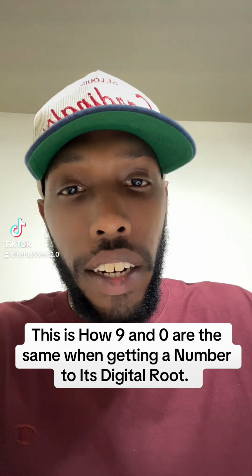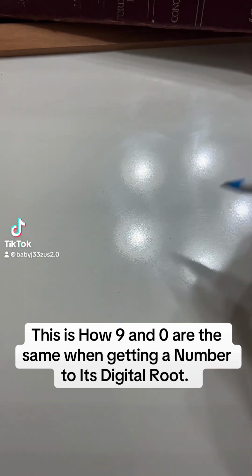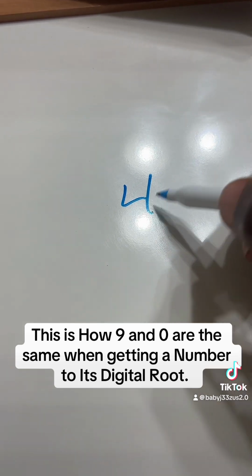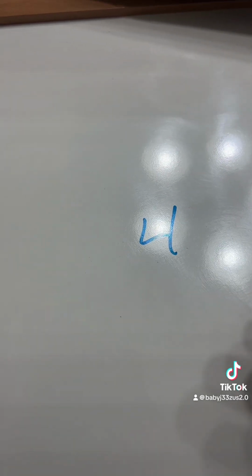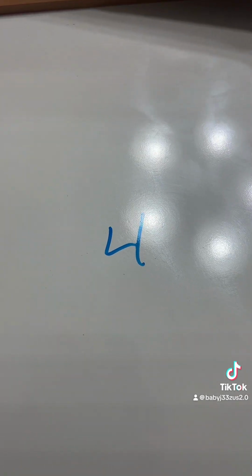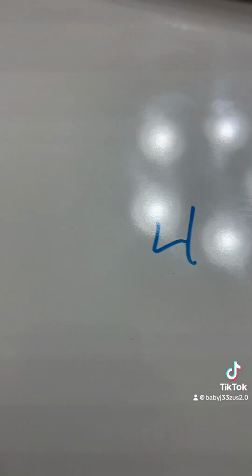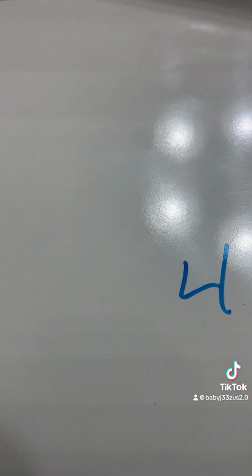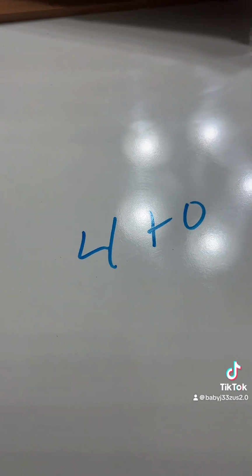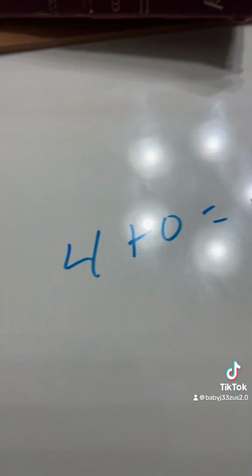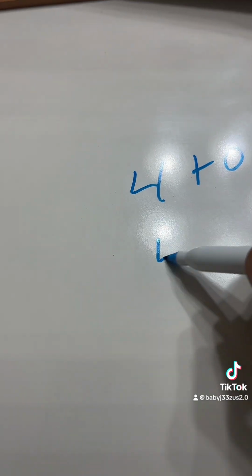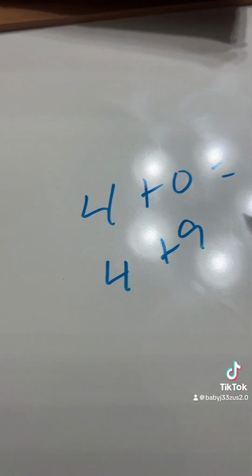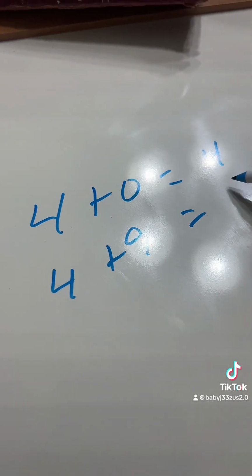All right, so this is how 9 and 0 are the same. Let's say we got the number 4, right? Now, the digital root of 4, of course, is just 4. It's already single digit. Now, if I make this plus 0, it still equals 4. Now, let's say I do 4 plus 9 equals 13.